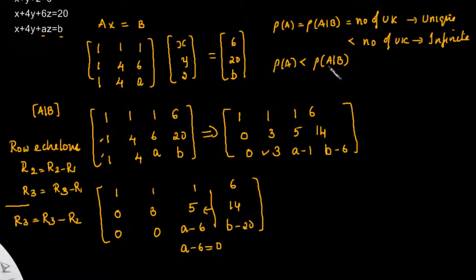Now for rank of the augmented matrix to be greater, this b minus 20 should not be 0. So this is the condition. That means from this we can write a should be 6 and b should not be 20. This is the condition for this system of equations to have no solution.